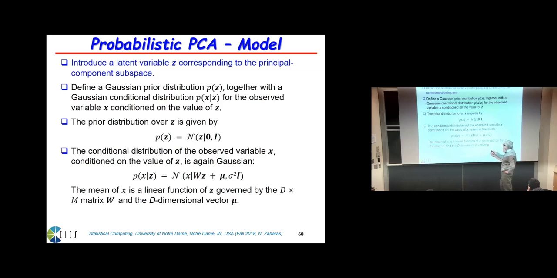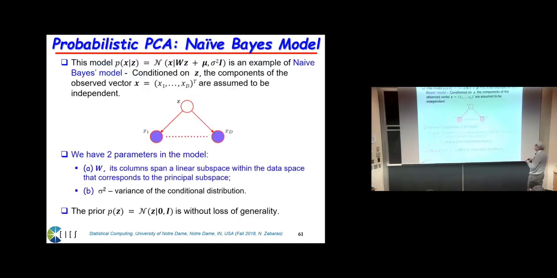Okay, so W will be d times m. It's not a square matrix. We have no idea what W is. We have no idea what sigma squared is. But somehow, if we can compute those, there is hope that this model will make sense.